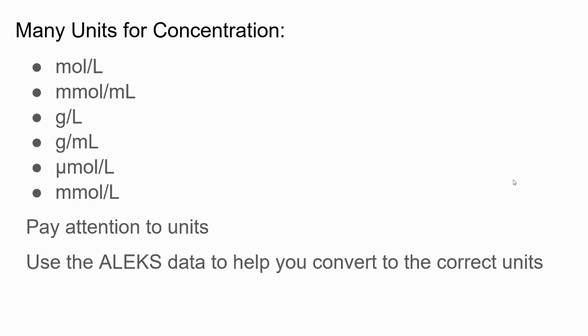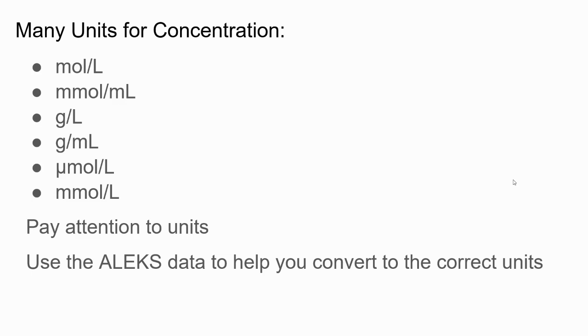Okay, let's keep going. Here are some other units that you might see in Alex. We just have to watch for these and make sure that you convert your initial values to the correct unit so that when you divide them, you get the right unit at the end. Moles per liter is the most common, but depending on your field, or even the company that you work for, they might have different standard units.